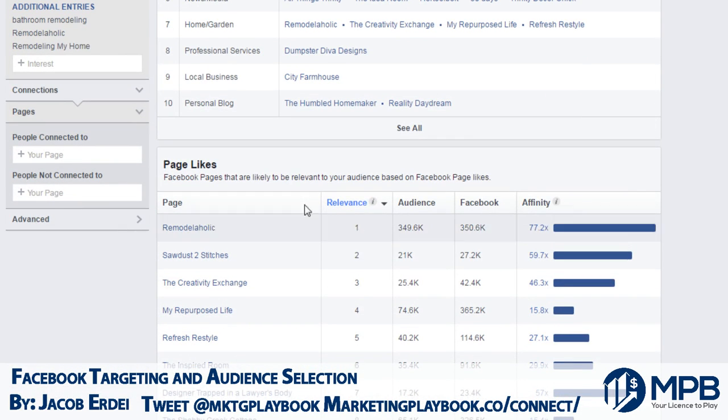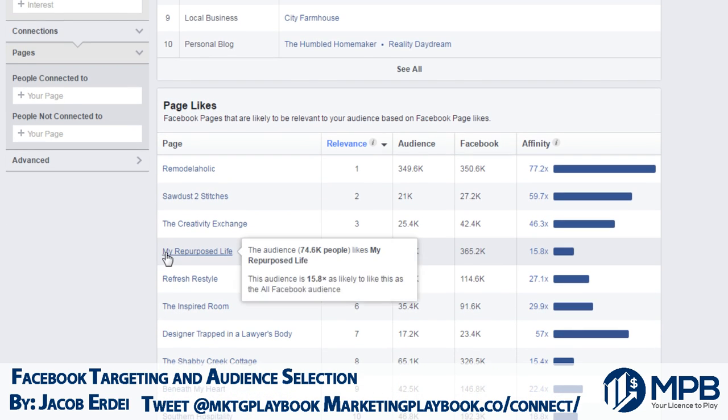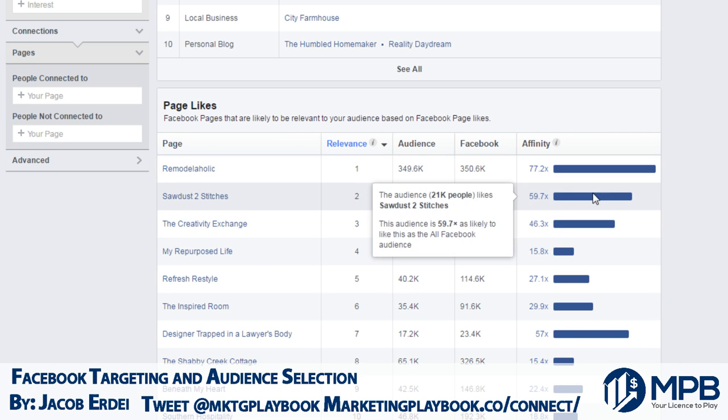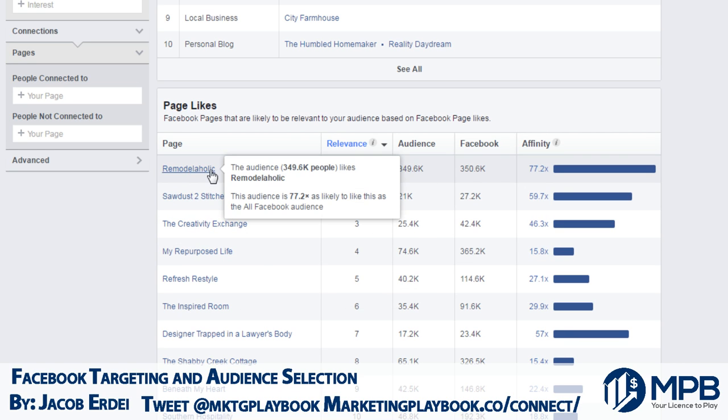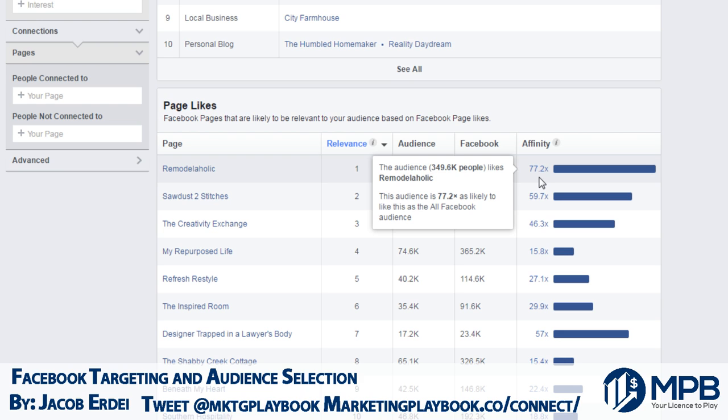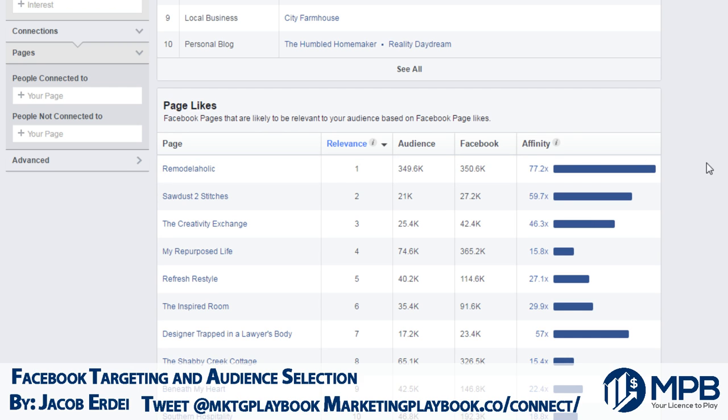You're going to be able to see here these are the pages again. So Remodelholic, Sawdust to Stitches. And you're going to see that people who like Remodelholic are 77 times more likely to like this page over the average Facebook user.